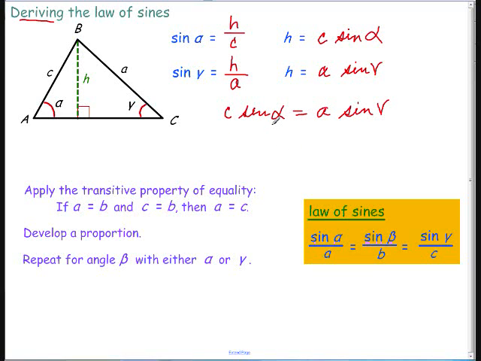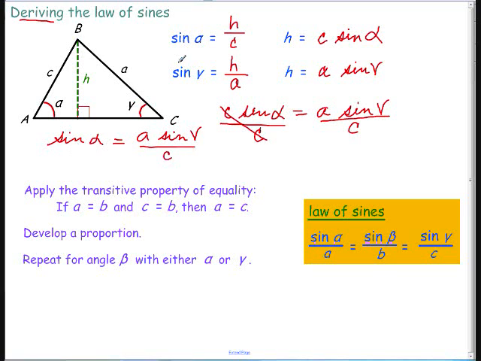And having said that, I could divide both sides by c, in which case this will cancel out. I'll have sine of alpha equals a sine gamma divided by c.